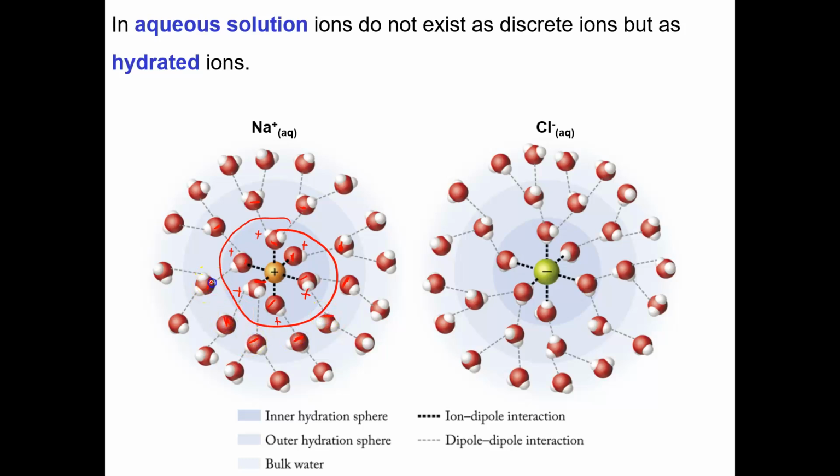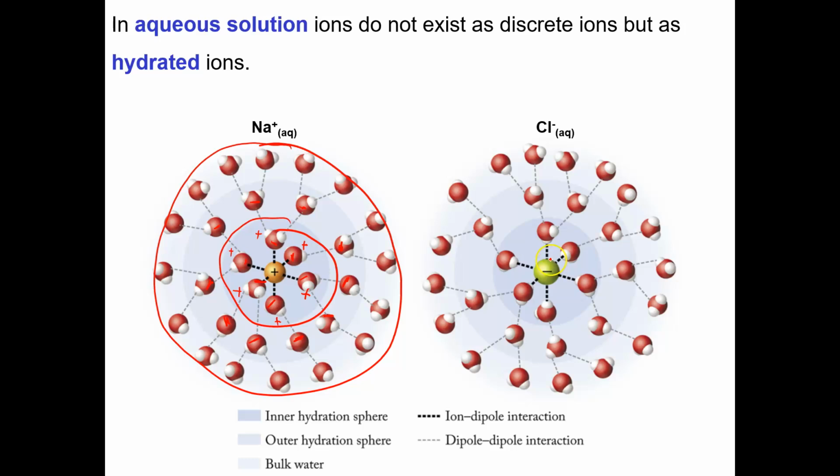So what this means is we end up with these alternating layers of positive and negative charge around the ion. So the hydrated ion is surrounded by a whole bunch of water molecules that are attracting each other. The hydrated ions are stabilized in solution by these interactions, and that's what's really preventing them from recombining with each other and reforming the crystal.